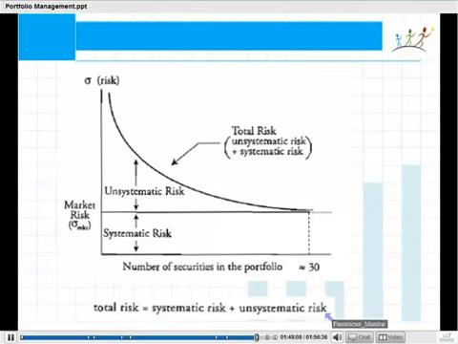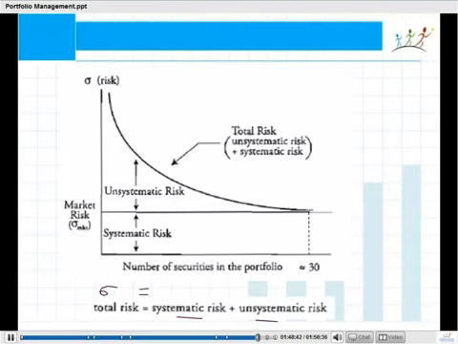So total risk, which is sigma. Total risk of a portfolio is what? It is the standard deviation. It is sigma, can be broken down into systematic risk and unsystematic risk. Systematic risk is measured by a term called beta, as we'll explain later, and unsystematic risk.